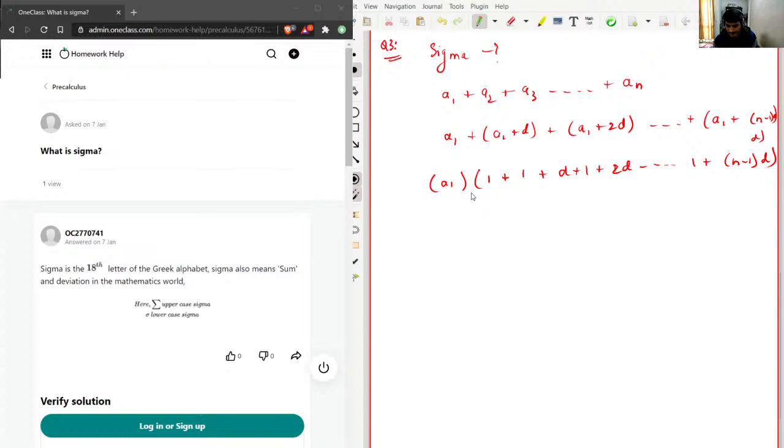And I can write this as a1 plus, this a1 will be n times, I think. Yeah, so this will become n, and plus this will become d plus 2d.